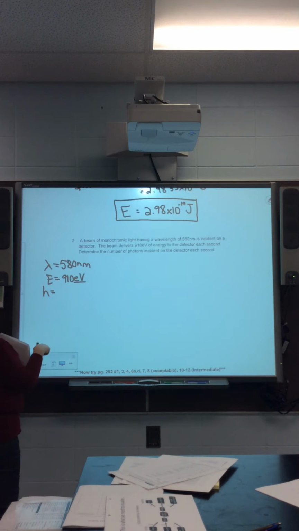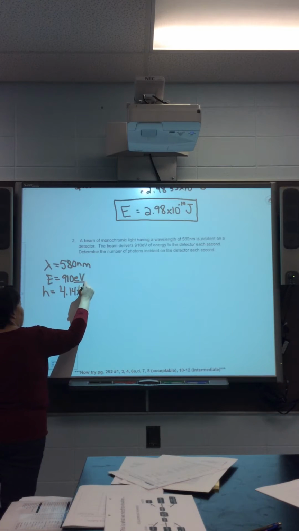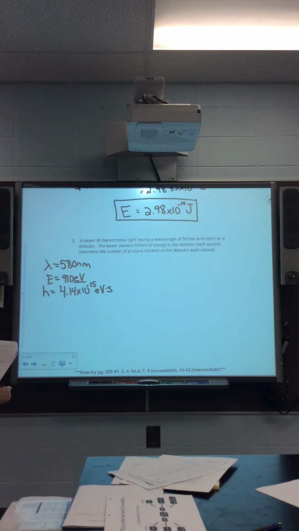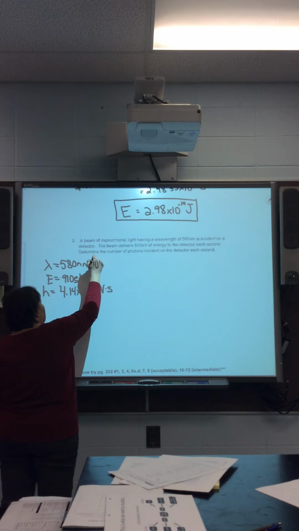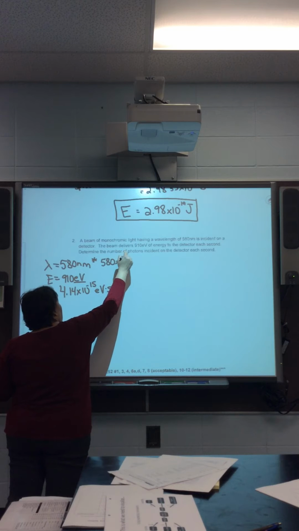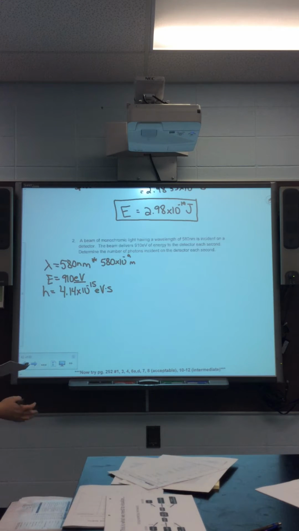Because we're already starting out in electron volts, let's use this one. And then we can go on from there. Make sure that you're converting this, so 580 times 10 to the negative 9 meters, or 5.80 times 10 to the negative 7, whichever one you want to work in.